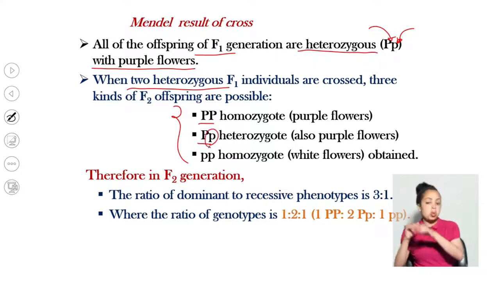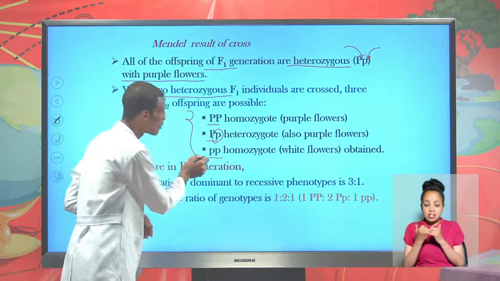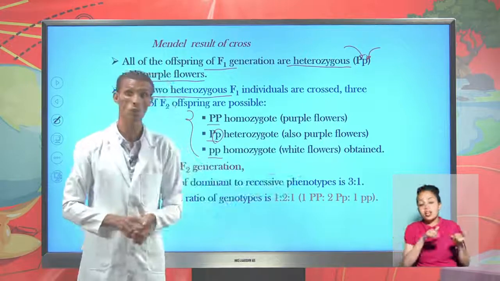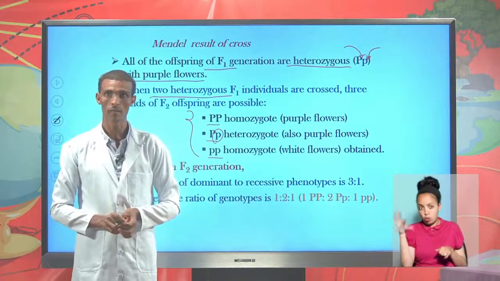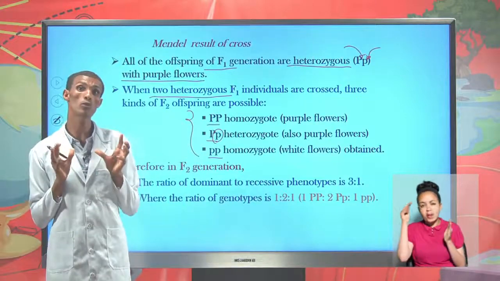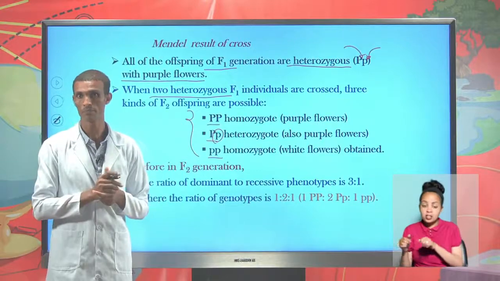The character of small p is not expressed because it is recessive. And finally, small p small p, homozygous recessive, which we call white flowers, is obtained. It is a constant outcome of Mendelian crosses when heterozygous individuals are crossed together.